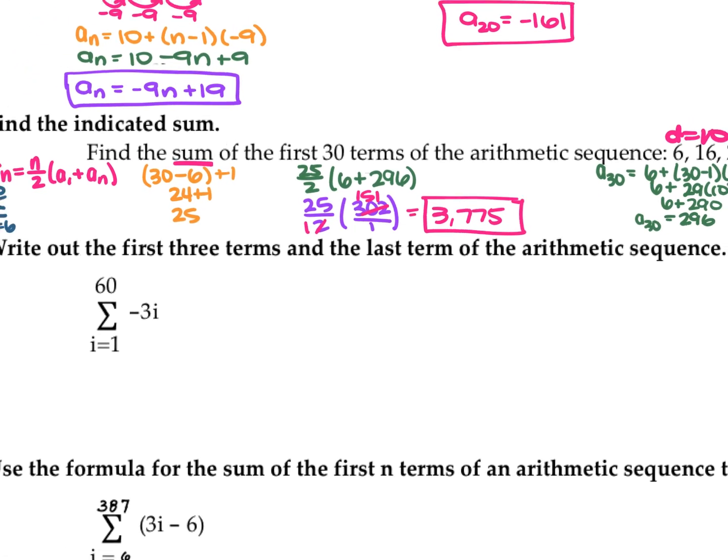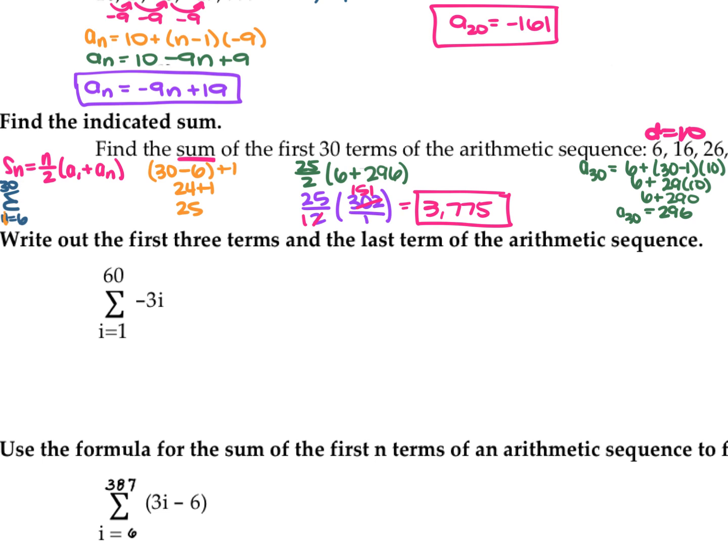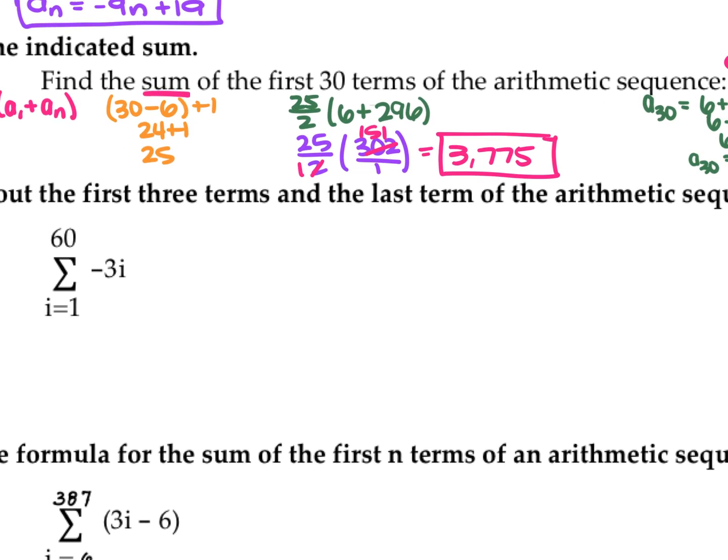For 14, it tells you to find the first 3 terms and the last term of the arithmetic sequence. So the first 3 terms, you're going to start at 1, plugging those into that negative 3 times i. So 1 plug in, 2 plug in, 3 plug in, and then the last term would be the 60th term. So then plug in the 60. The first term is negative 3 times 1, which is negative 3. The second term is negative 3 times 2, which is negative 6.